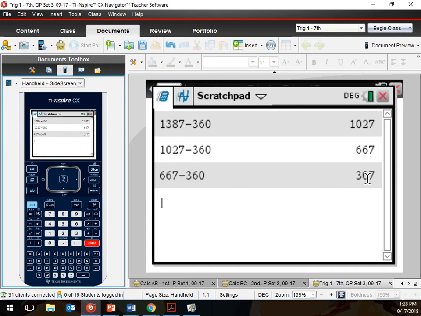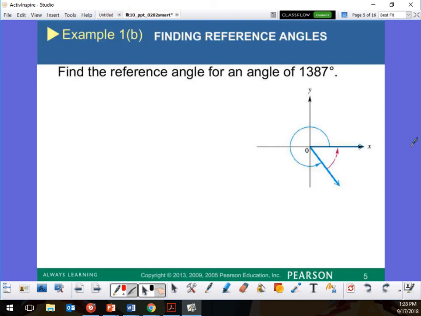There we go, 307. My angle has to be between 0 and 360. The angle is always going to be between 0 and 360.